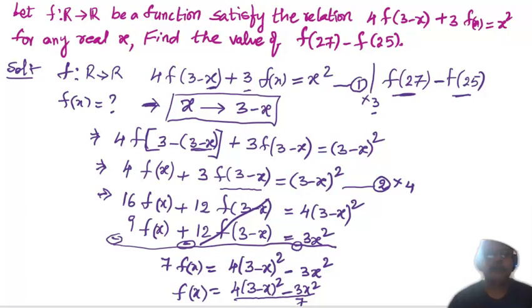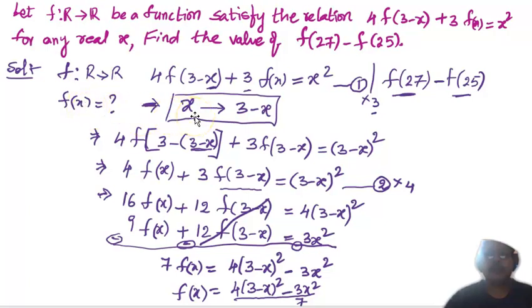So this is the logic of how to solve this problem. First of all, the function is given, f maps R to R, 4 into f of 3 minus x plus 3 into f of x equal to x square. You have to find the value of f of 27 minus f of 25. So our target is f of x.